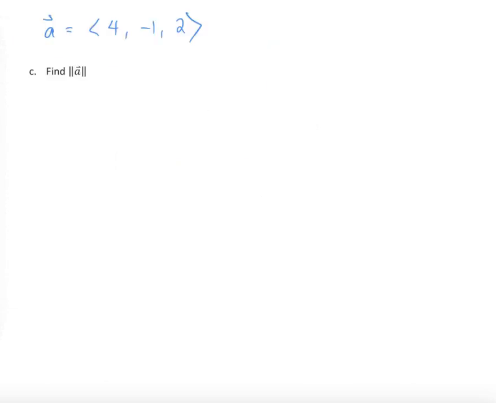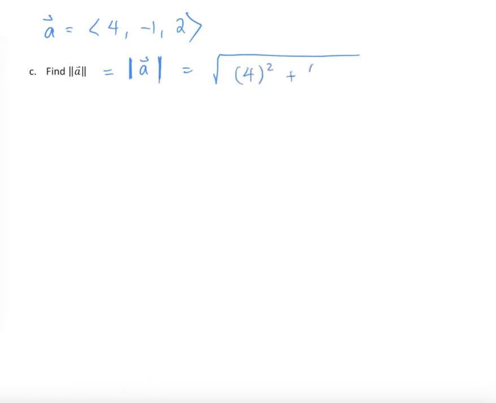And lastly, we're going to find the magnitude of vector A. Remember, this magnitude notation can be used with the double vertical bars, or we can also just use single vertical bars to represent the magnitude of A. Either way, the magnitude of A is determined by taking the square root of all the components squared and added together.